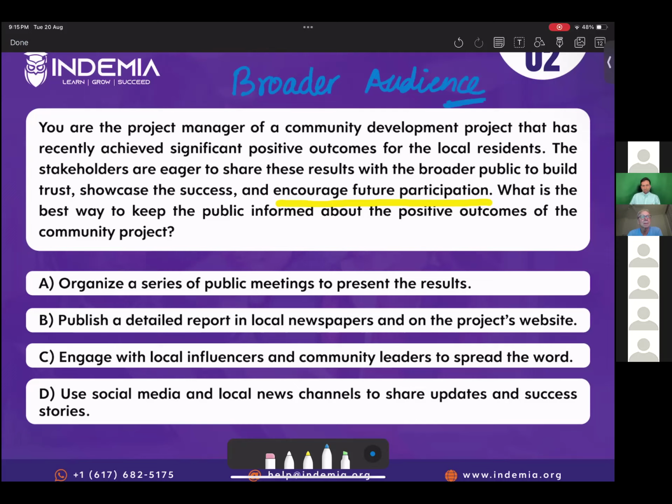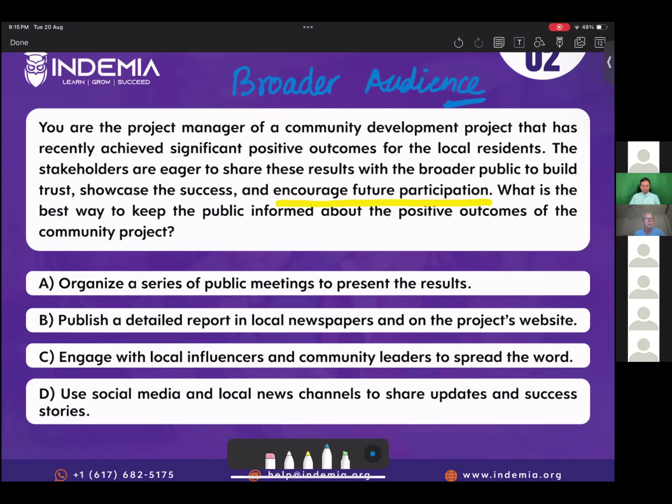So let's read the question. It says you are the project manager for a community development project that has recently achieved a significant positive outcome. Stakeholders are eager to share these results with the broader public to build trust, showcase the success, and encourage future participation. What is the best way to keep the public informed about the positive outcome of the community project?